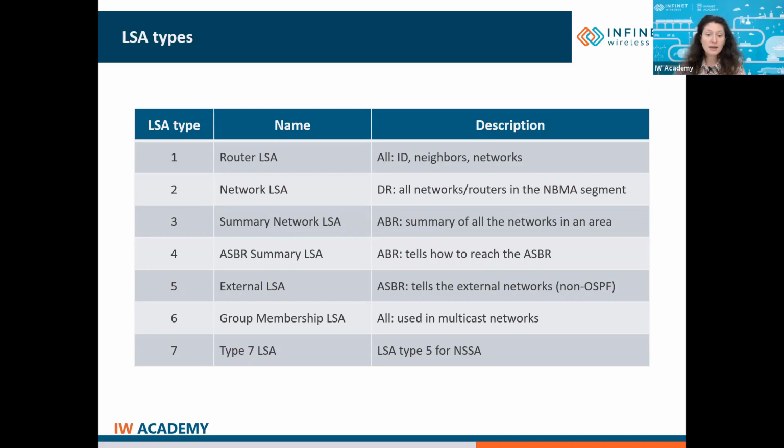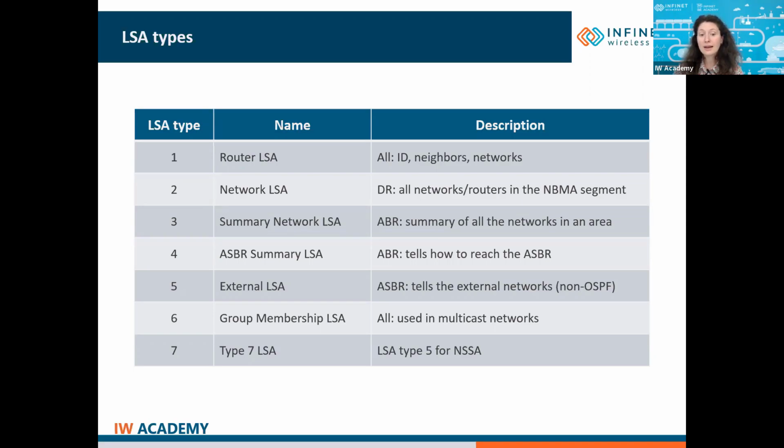The received LSAs are all stored in the link state database. The first type of LSA is the router LSA. All routers are responsible for generating this type of LSA for each area they belong to. Using LSA type 1, the router informs about its own interfaces, but also about its neighbors.